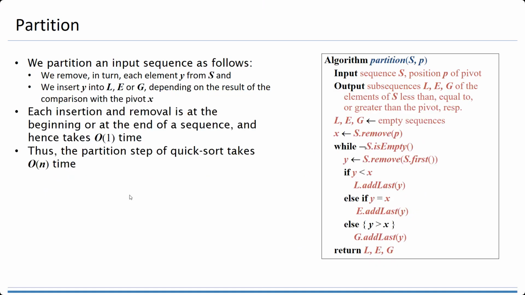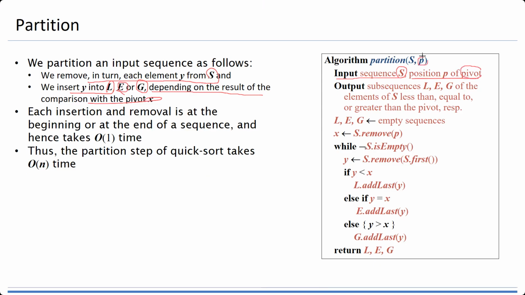So the partition means we will remove in turn each element y from S, and then we will insert y into L, E, or G, depending on the result of the comparison with the pivot x. So the input is a sequence S and the position p of the pivot.